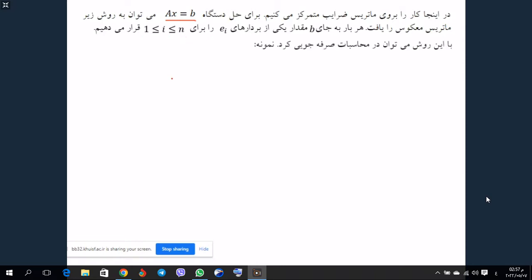That means we can find A inverse. So we can calculate them very economically. For example, we have a matrix here: 1, minus 2, 1; 1, 1, minus 1; 3, minus 1, minus 1.